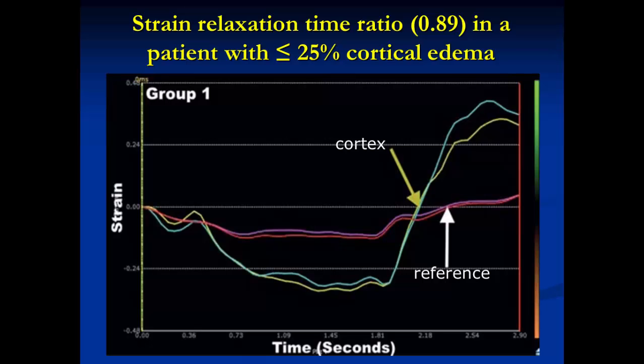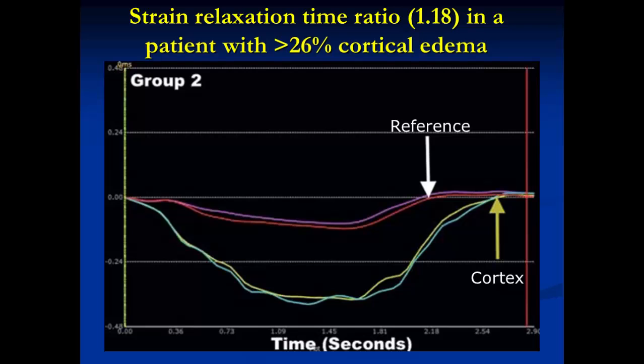This is the cortical strain. This is the cortical strain relaxation time, which crosses zero and returns back ahead of the reference strain. Because the equation is the cortical strain time divided by the reference, the strain relaxation time ratio in this case is less than 1.